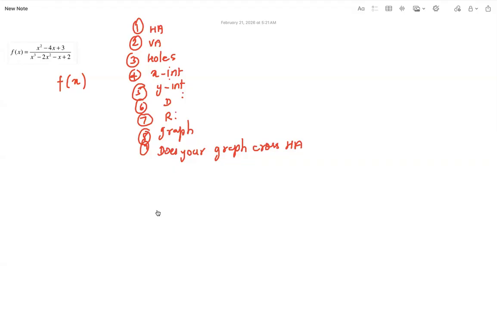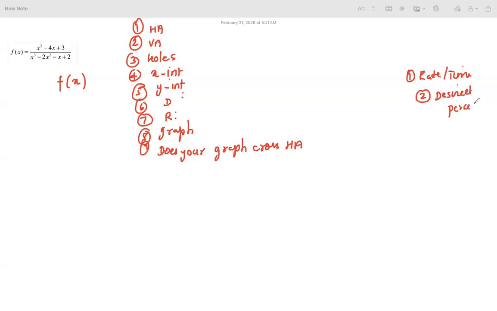So we've got to do desired percents, rate, time, and cost per person slash item. Desired persons, yeah, and then cost per item.